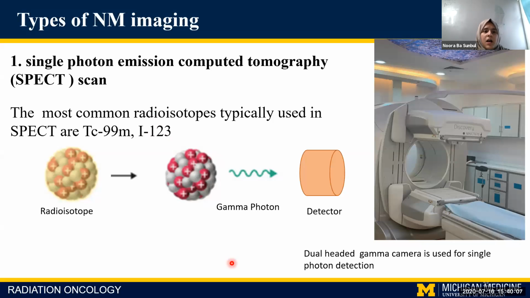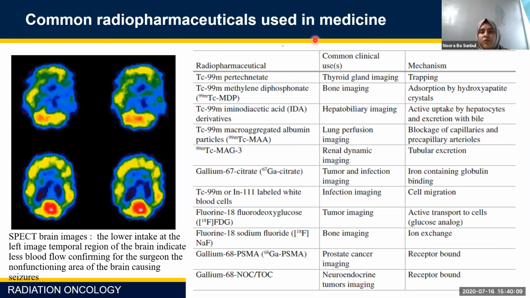There are different types of radiopharmaceuticals that are used in medicine based on different clinical preferences. To give an example, once you tag your technetium with a specific pharmaceutical material, it can be used, for example, for thyroid gland imaging.